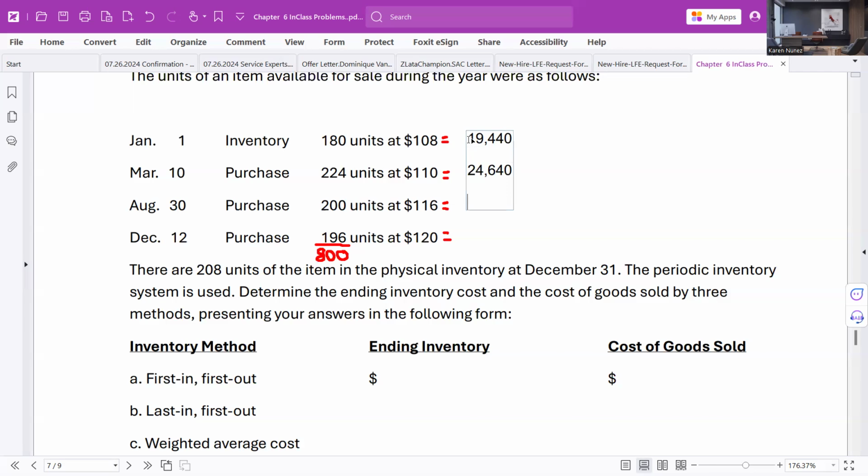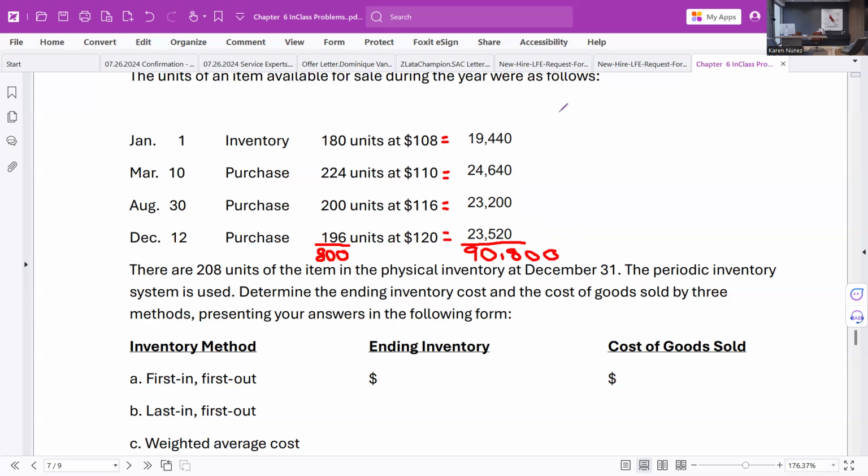And 200 units at 116 is 23,200. And 196 units at 120 is 23,520. So our total, adding all these up, we get a total of 90,800.